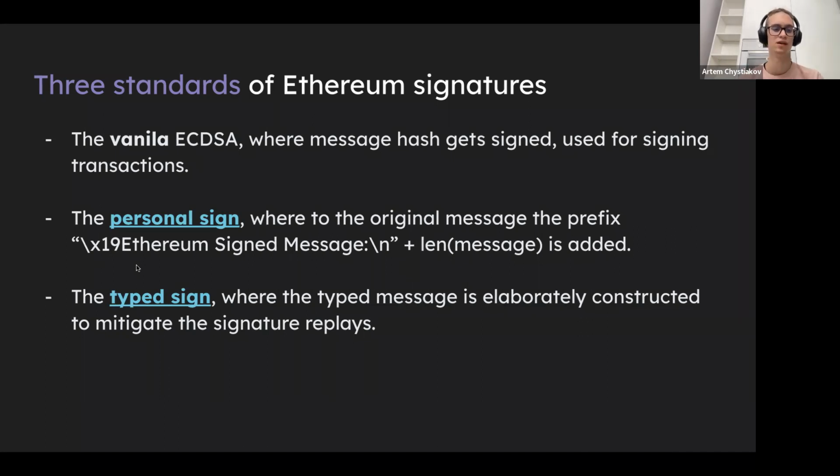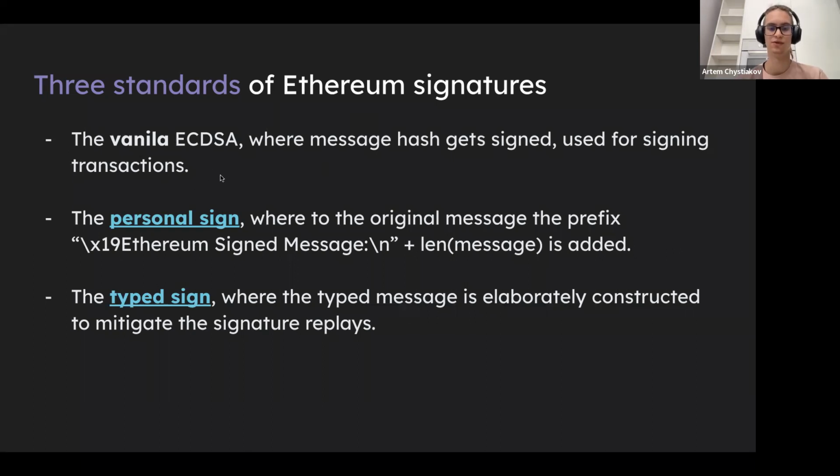So why do we need to add this special prefix? Because in the early days of Ethereum, it was possible to scam users. When the user logs in to your application, you can trick the wallet by providing some random bytes to sign, but actually you're providing not random bytes, but the encoded transaction.